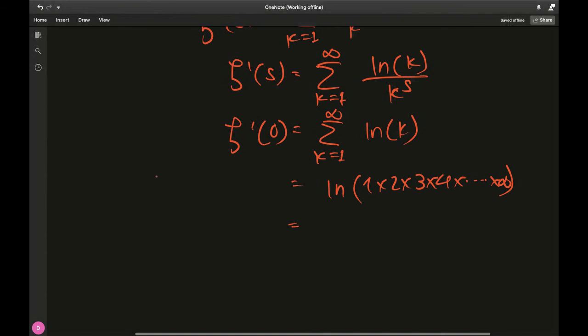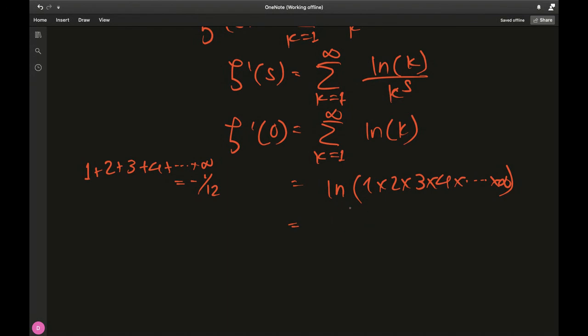Just like the way that the sum of all positive integers is negative 1 over 12. The same way, because for analytic continuation, we can take Bernoulli numbers to approximate or find alternate values for the Riemann zeta function.